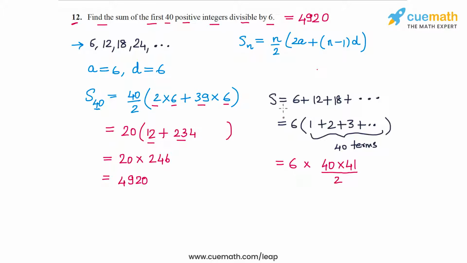So this is what we get as the sum of the first 40 positive multiples of 6, and you can verify that this will come to the same value, 4920. So instead of using the AP sum formula, we could solve the same problem by taking out a common factor of 6 and then using the sum formula for the first n natural numbers.